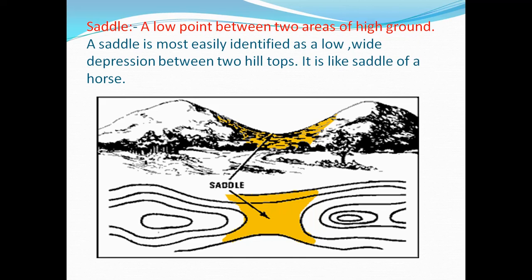There is a low area that can be called a saddle. A saddle is most easily identified as a low wide depression between two hilltops or peaks, resembling the saddle of a horse.